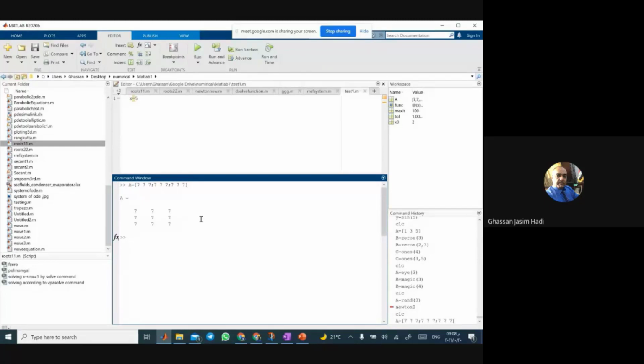It will give me this. But this is 3 by 3. If we have, for example, a 10 by 10 or 100 by 100 matrix, it will be very difficult.